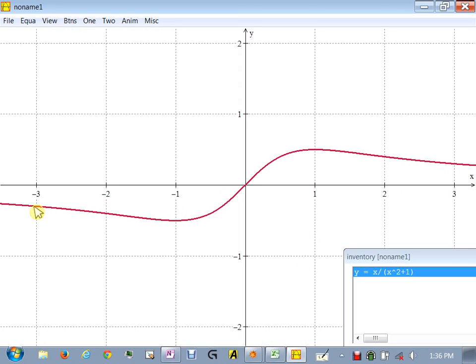I'm moving from left to right. It looks like it's decreasing, decreasing, decreasing. Looks like I'm going to hit a local minimum here, right? And then start going up, increasing, increasing until I get to what looks like a local maximum. And then it's going to come down again, right? Our results should match that. Let's see what happens.